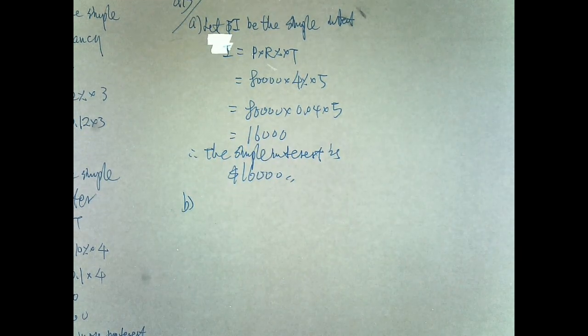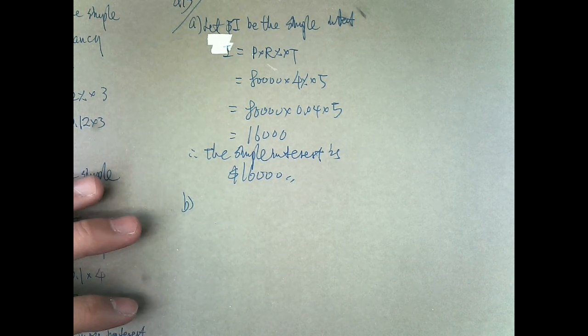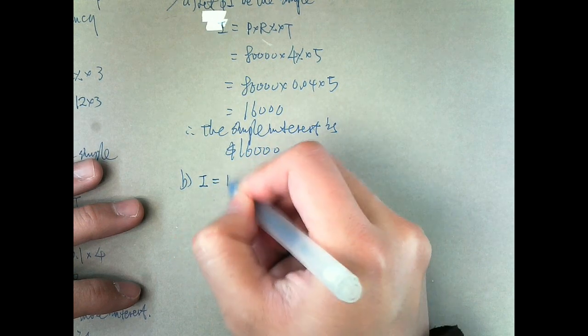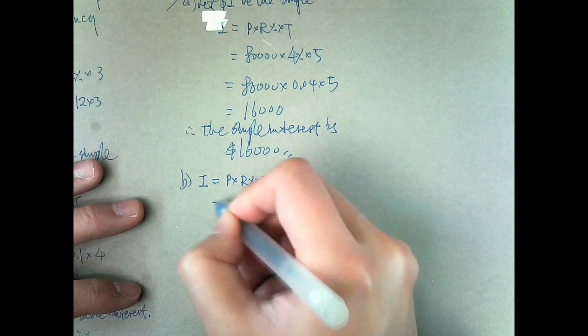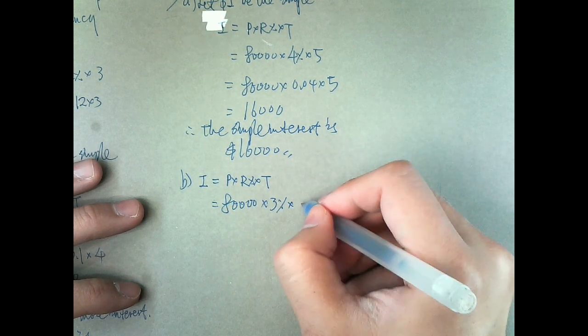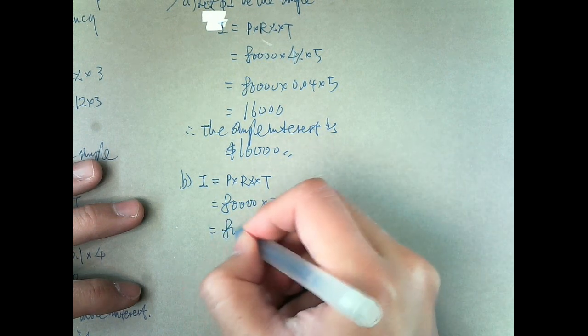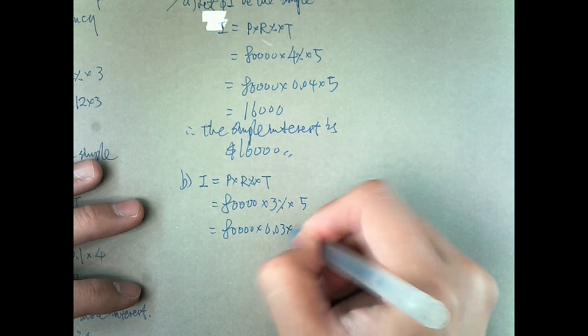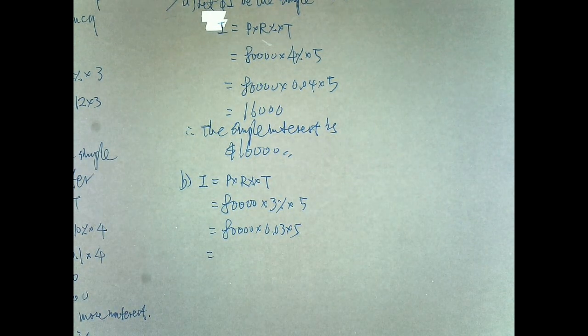Then go to B. It's okay. So go to B. If the interest rate is changed, okay, from 4% to 3%, how much less simple interest? So you calculate the new interest and then do the difference. Understand? So again, you do the I, P times R% times T, the same principle, but here is 3%. Understand? And then still 5 year, the same way. So go to your calculator.